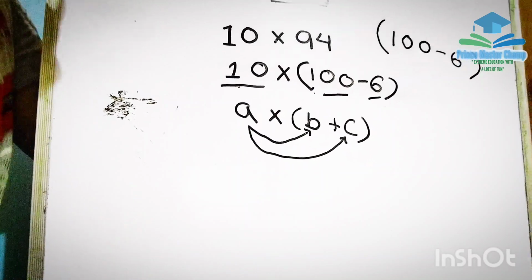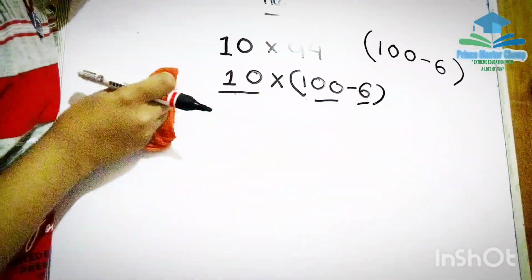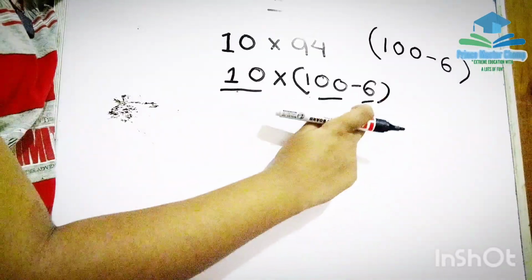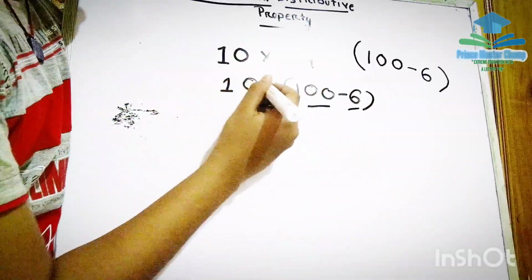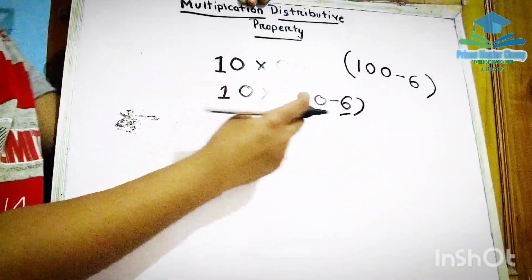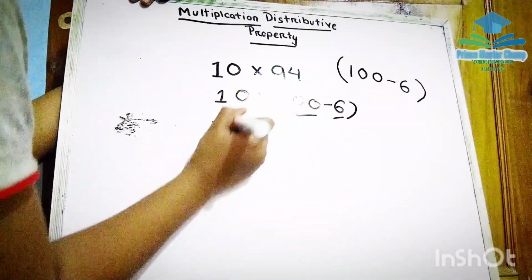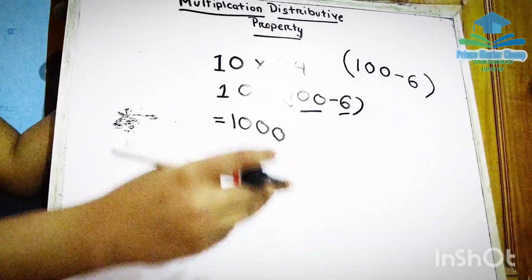So let us do that. In our case, A is 10, B is 100 and C is 6. Let us multiply 10 with 100 first. When we multiply 10 with 100, we get 1000.